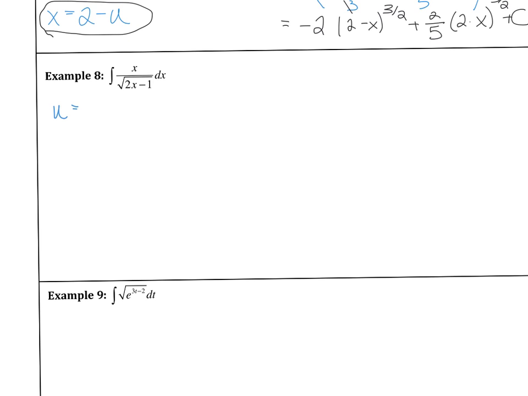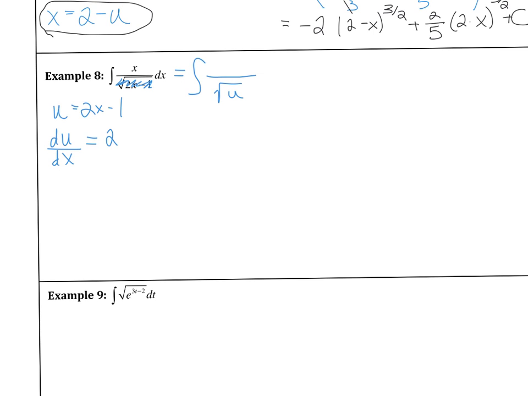So let's do it. U equals 2x minus 1. And so in this case, the derivative of that function u with respect to x is 2. And that's all we need for right now. All right, let's start to rewrite. Well, I know that at least in my denominator, I can put root u. Let's see. Something that is equivalent to x.